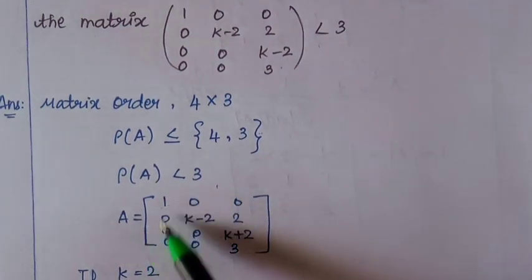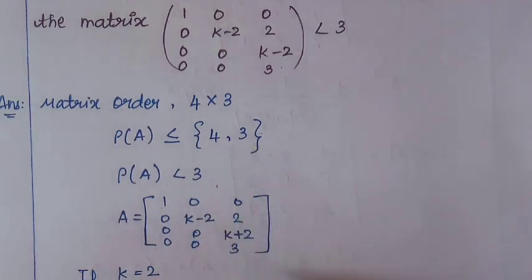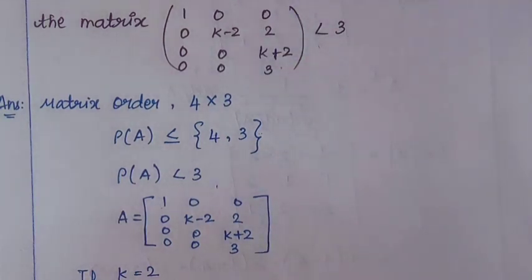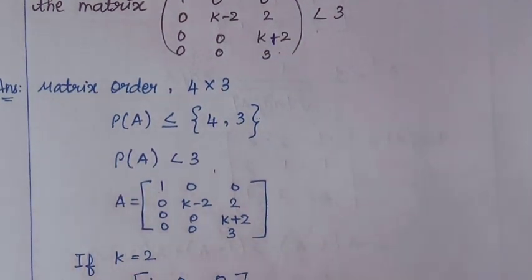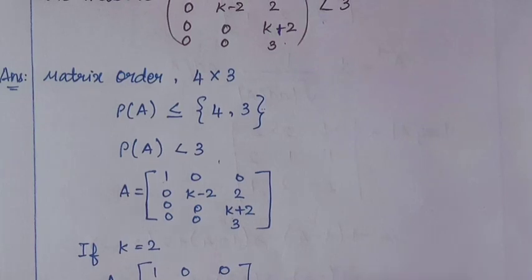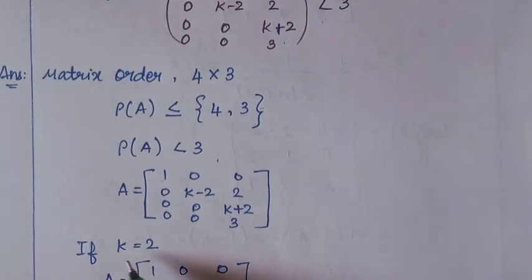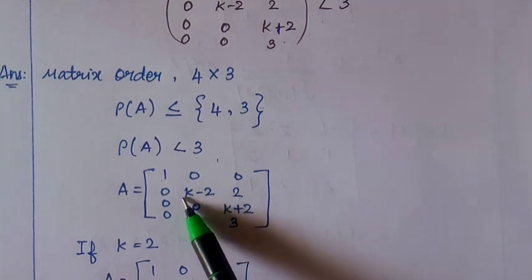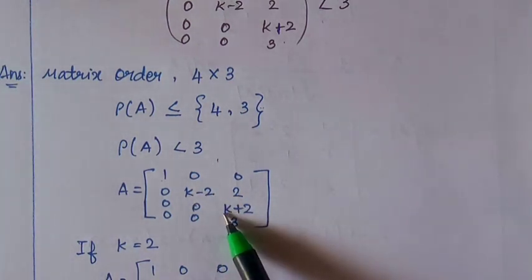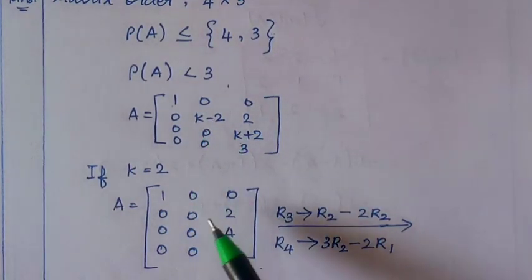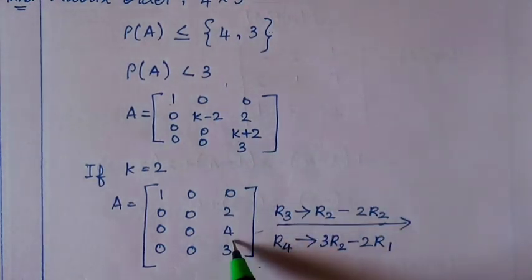Next, A is equal to, we have to write what is given in the question. Then if k is equal to 2, and we substitute k here, 2 minus 2 is 0, and here 2 plus 2 is 4.